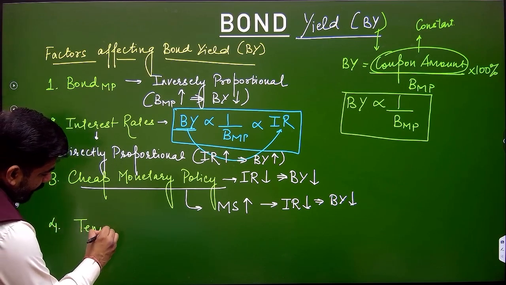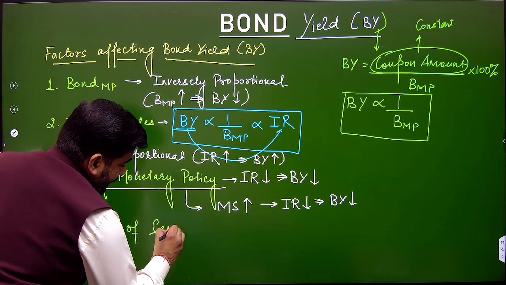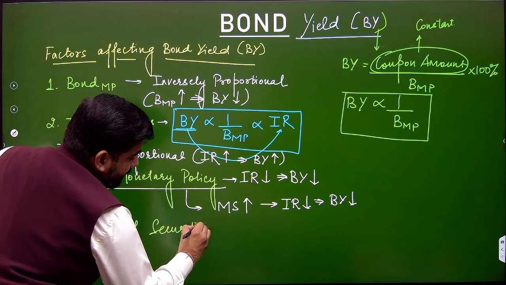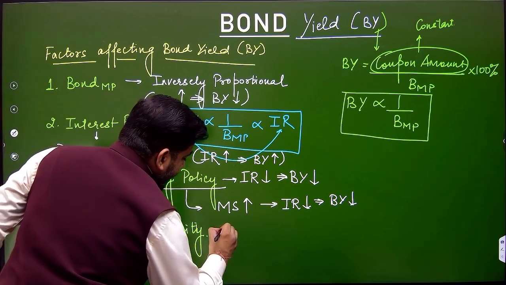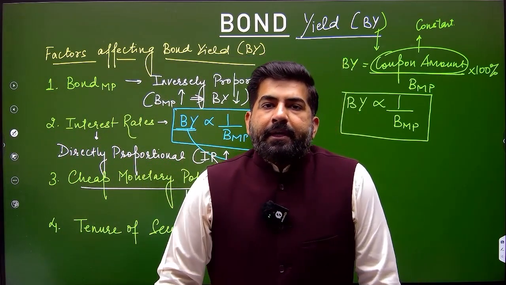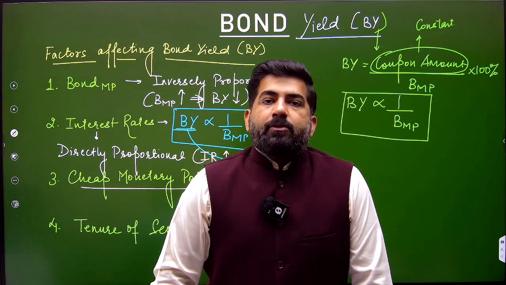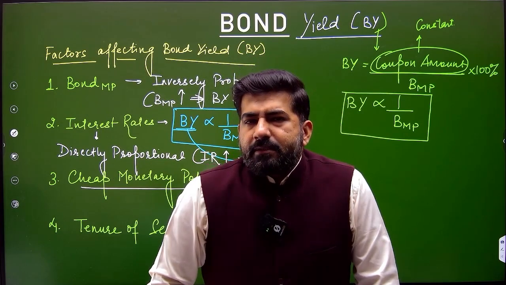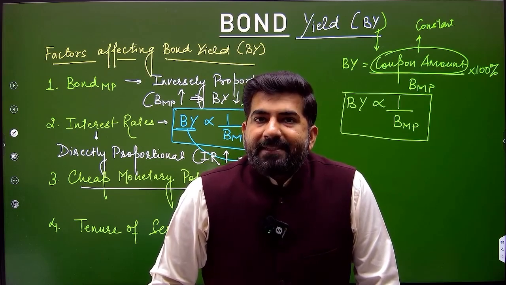Fourth, tenure of loan, tenure of security. If the security is of a long term, like suppose a loan has been given for a long term as compared to the short term, in which case the bond yield will be higher. We have discussed.